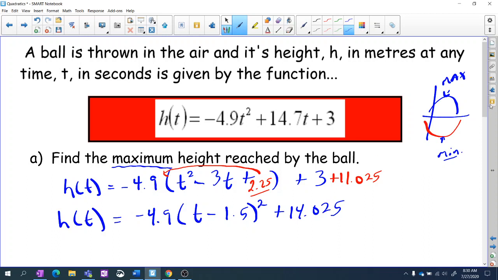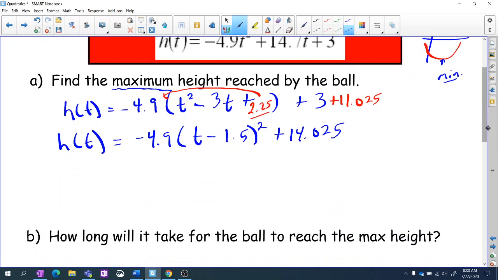Vertex. So my vertex is going to be at 1.5, comma, 14.025. Alright, so at this point, I'm just going to go over here.